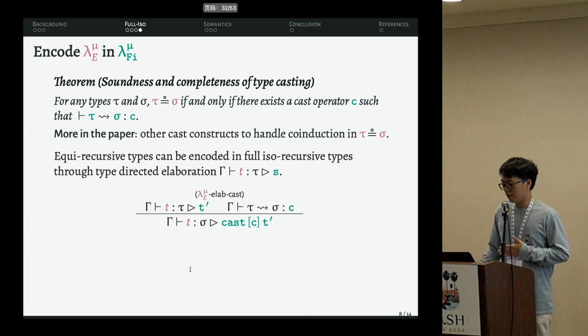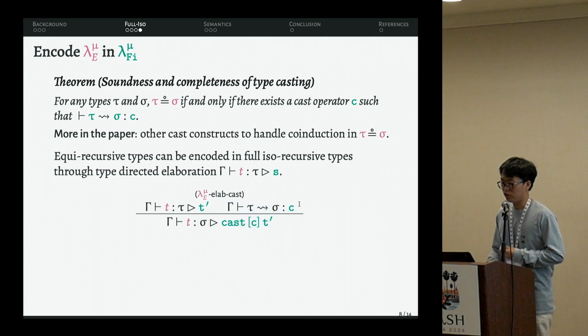With that, we can define a type-directed elaboration rule, which generalizes the equi-recursive typing rule with a full iso term. We replace the equi-recursive type equality with this new typecasting rule that generates an explicit cast to describe the type transformation, and we can generate correct full iso terms that preserve the typing.